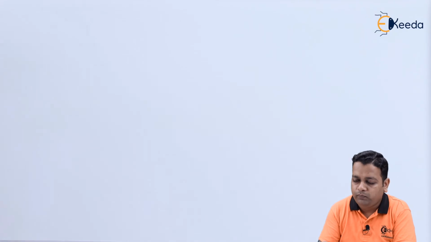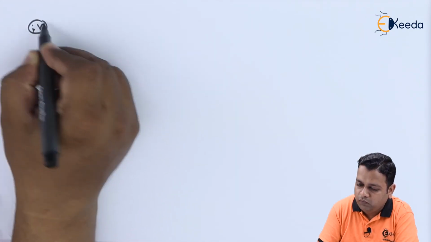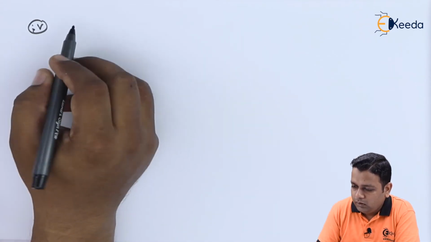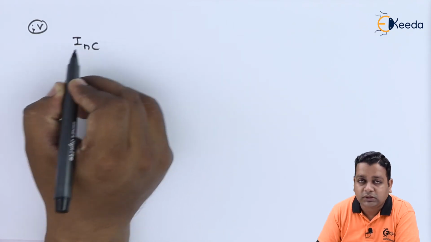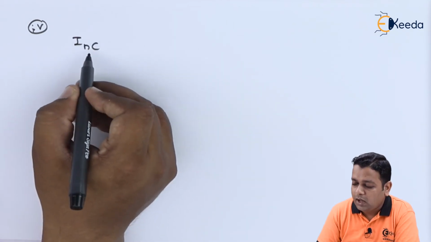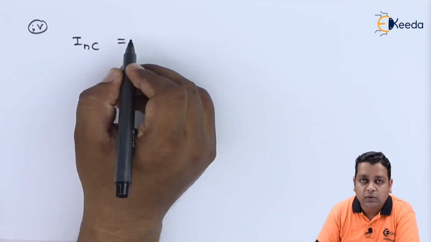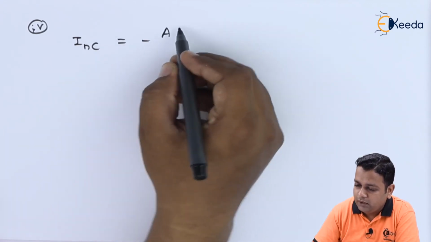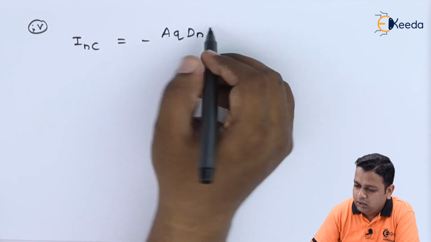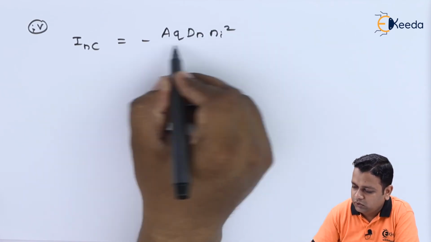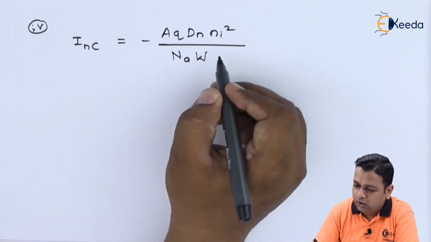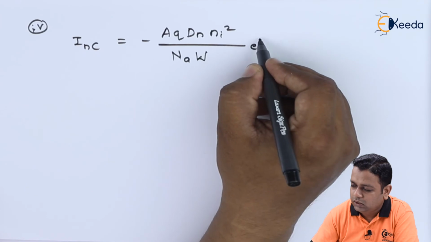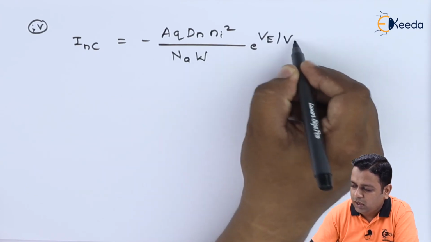Now the next current, the fourth current, we denote for the collector region, and it is because of the electrons, hence we represent it as capital I suffix NC. It is given by minus capital A into Q into dN into Ni square divided by the impurity concentration into W, in multiplication to the exponential e to the power V by Vt.